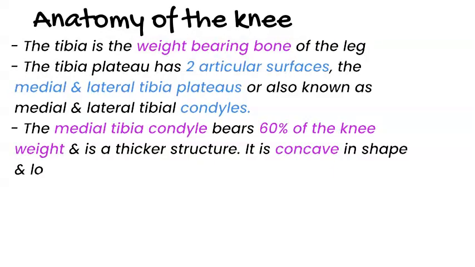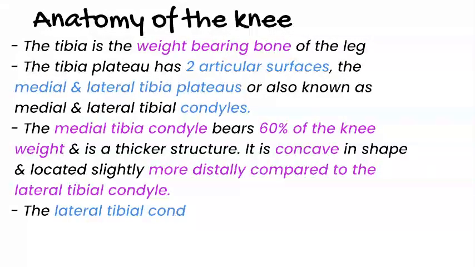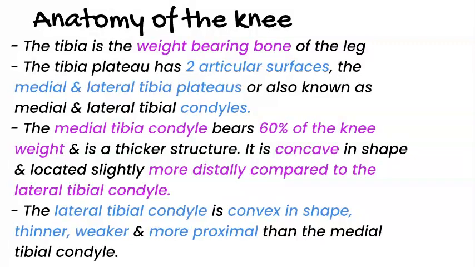It is concave in shape and located slightly more distally compared to the lateral tibial condyle. The lateral tibial condyle is convex in shape, thinner, weaker, and more proximal than the medial tibial condyle.